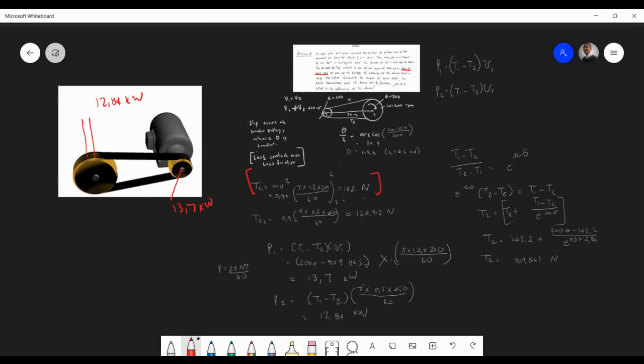So this is what you need to understand. This drive is obviously not 100% efficient. If it was 100% efficient, it would have gotten exactly 13.7 on the other end. Does that make sense to everyone? Due to slip, we lost some velocity.